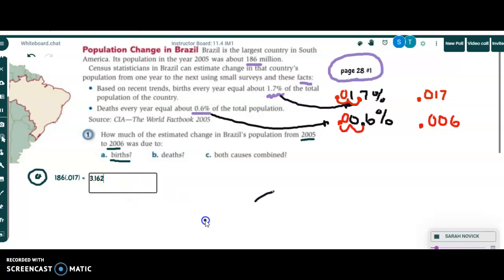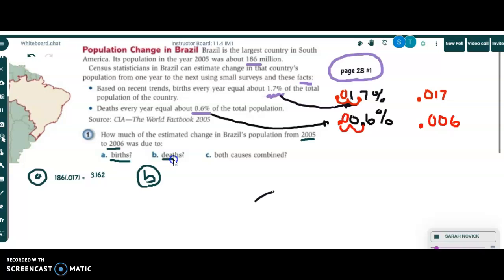So that means the population is going to increase by 3.162. This is in million, so 3.162 million. All right, let's take a look at B. So this is 3.162 million babies.